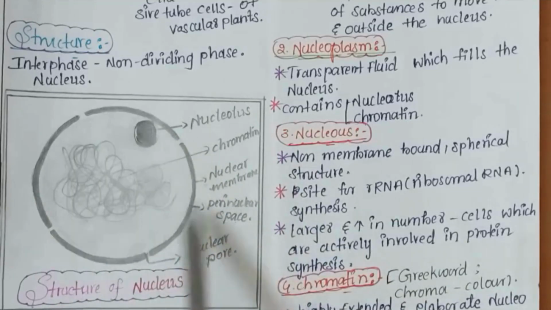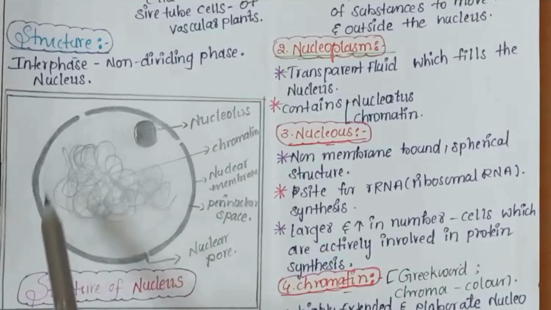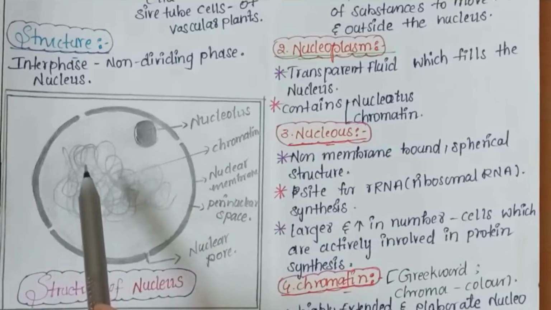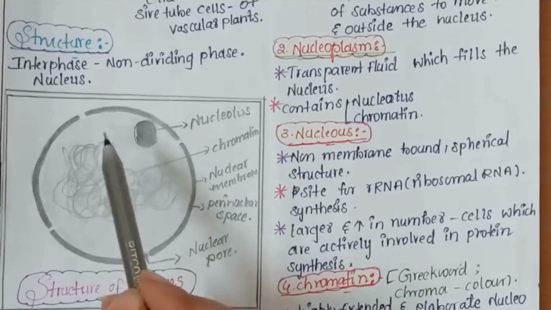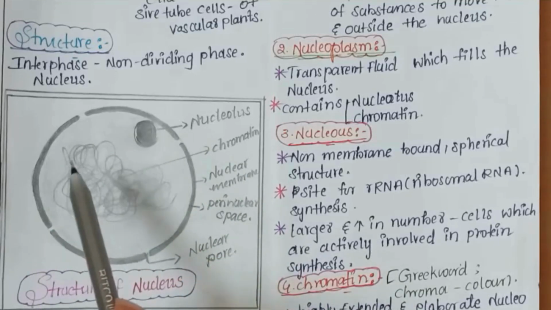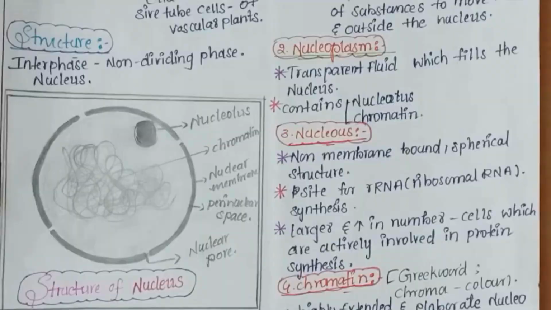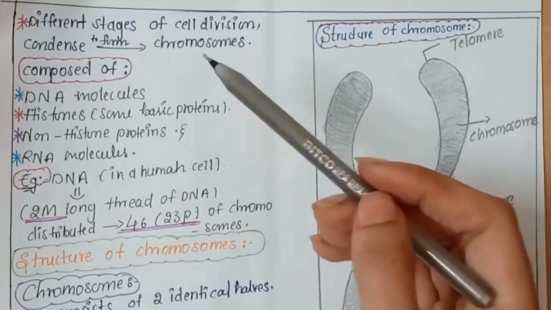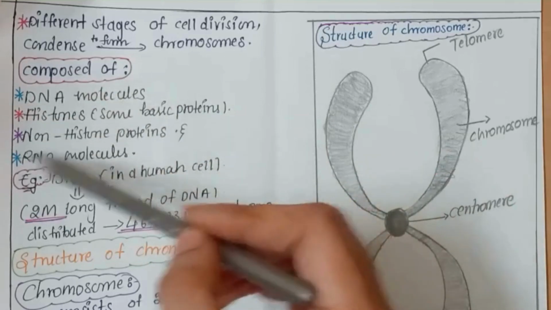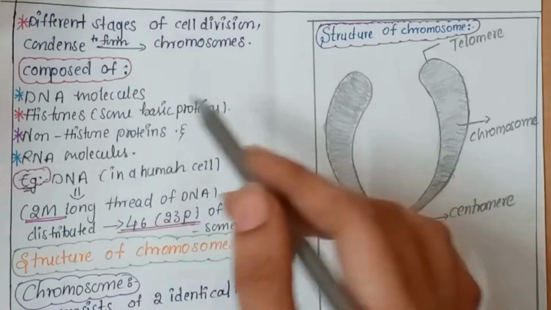Coming to the chromatin material, it's a Greek word where chroma means color. It is highly extended and elaborate nucleoprotein fibers. It was named by scientist Fleming based on its ability to stain with some of the basic dyes. This chromatin material is composed of DNA molecules, some basic proteins like histones, non-histone proteins, and RNA molecules.